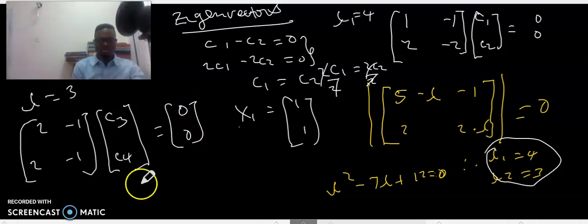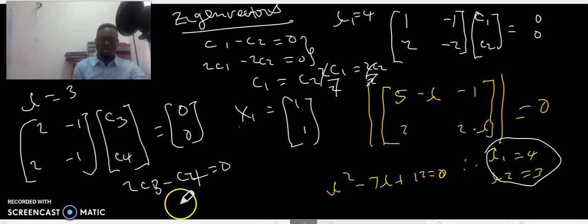So change this to a system of equations. You have 2c3 minus c4 is equal to 0. It's the same because the second equation is still 2c3 minus c4 is equal to 0.